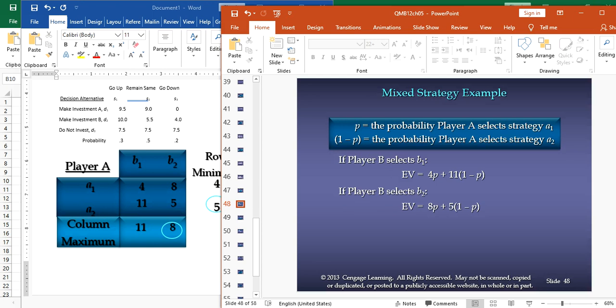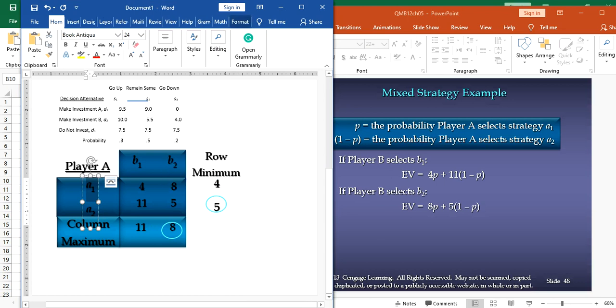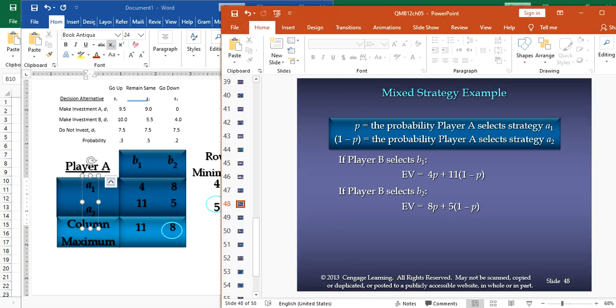We find the probabilities whether player A pursues this strategy given the strategy B1 by player B. And then we find the probability of player A pursuing this strategy as it is here.